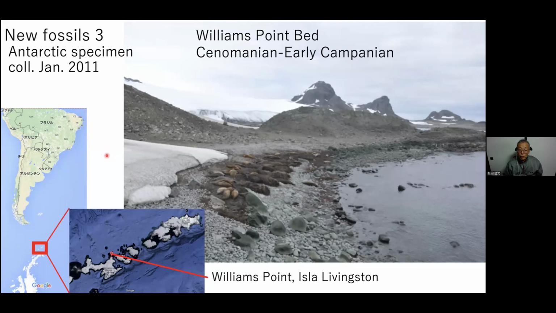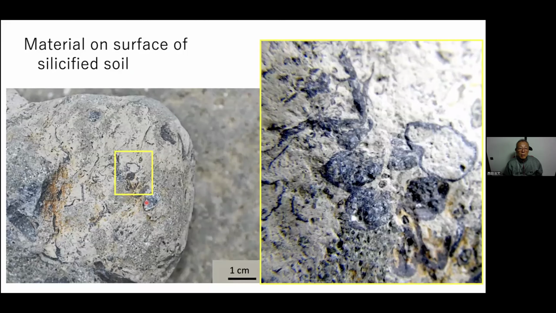And in the Livingston Island, along this coast, we walked along, and near these seals, I found a silicified specimen, which is not in situ rock, but the material is from early Cretaceous probably. And this is the nodule silicified rock I found.